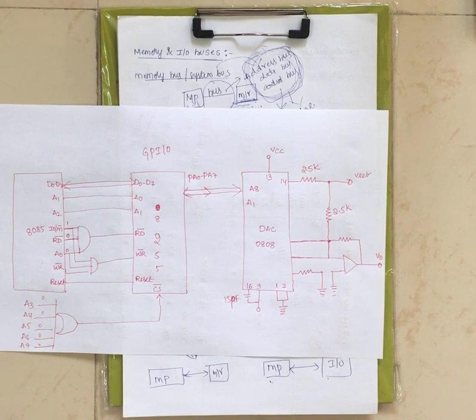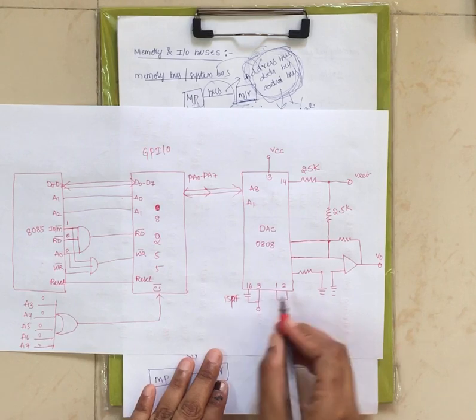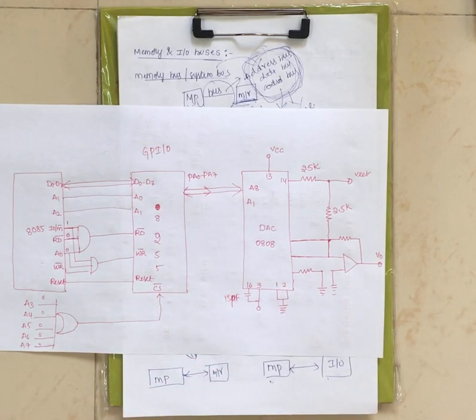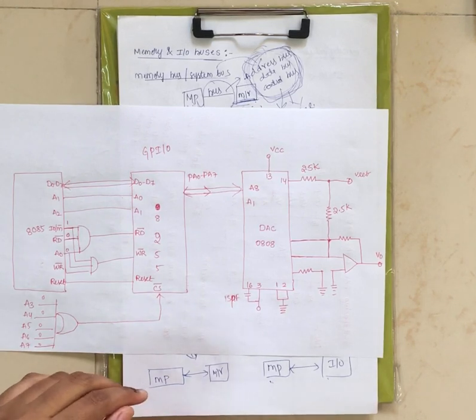Pins 1 and 2: 1 is no connection and 2 is ground reference. Those two pins are grounded.